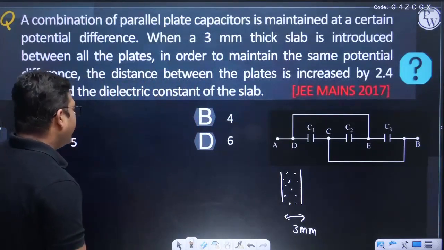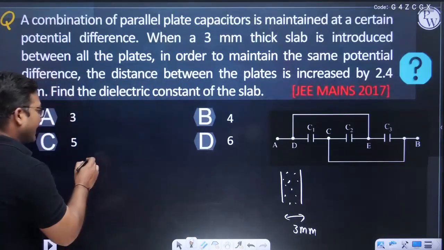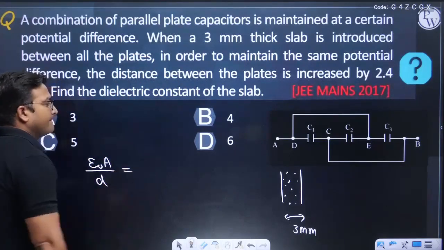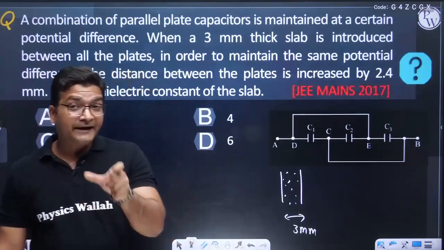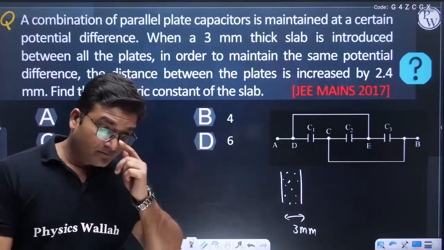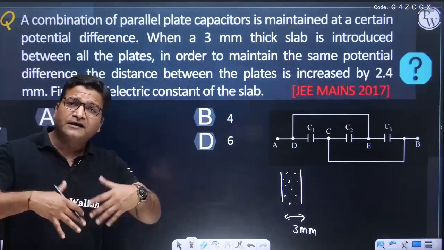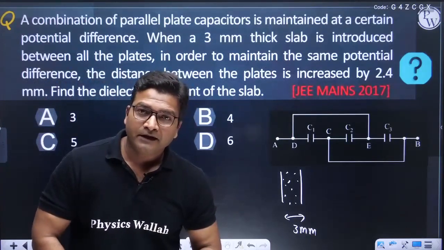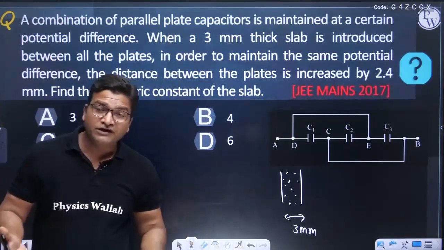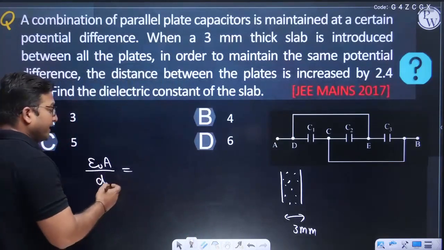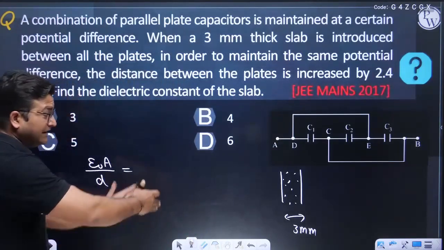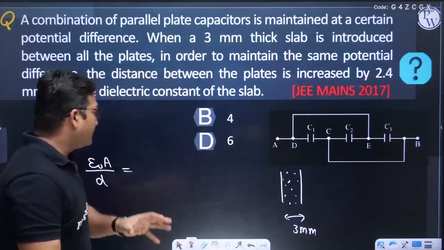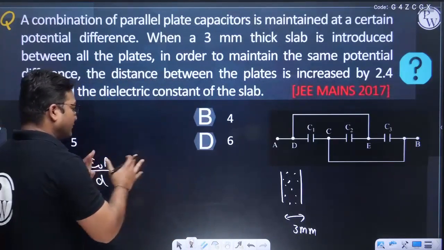See, actually, initially you can say the capacitance was epsilon naught A by D. But when you have inserted the slab, to get the same thing again, obviously you should have the same capacitance again. If the capacitance is the same, there will be the same potential difference. So I should say the new capacitance, with the increased width and with the dielectric constant, should be the same as the old one.